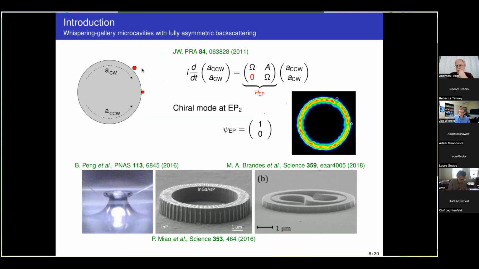Now we perturb the system, breaking all the symmetries, making the system also non-Hermitian. It was non-Hermitian before, of course, we have absorption losses before, but now we break all the symmetries. This you can do in practice, for instance, by using two nanofiber tips. This is shown here. Or you can also do it in some sense by arranging a PT-symmetric arrangement of gain and loss on such a micro ring.